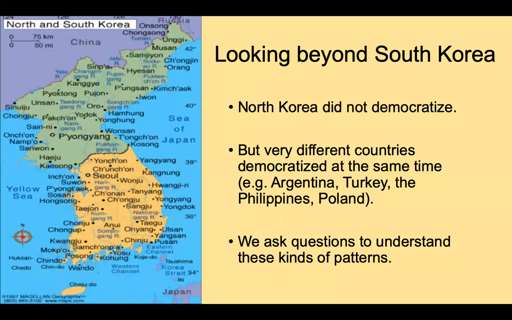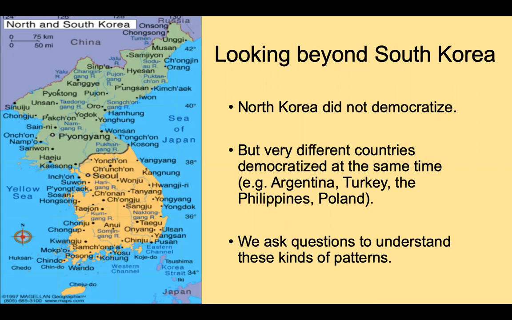There was a point where South Korea and North Korea went separate ways. And so it's useful for us to try to examine South Korea and North Korea simultaneously to try to figure out what caused that democratic transition in South Korea. So we're asking, why did South Korea transition to democracy while North Korea did not?